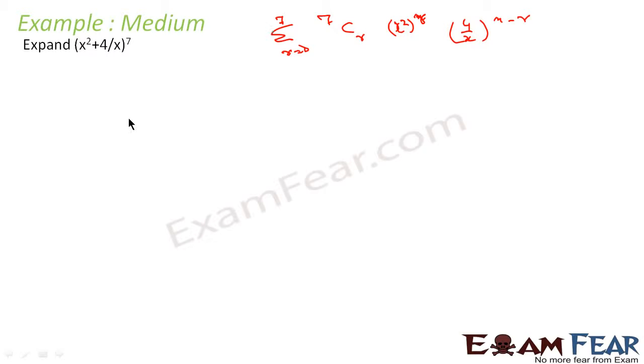Now let's do the actual expansion. We'll say r is equal to 0. So we get 7C0 into (x squared) to the power 0, because r is equal to 0, into (4/x) to the power n minus 0, that is, n is 7 here, so 7.